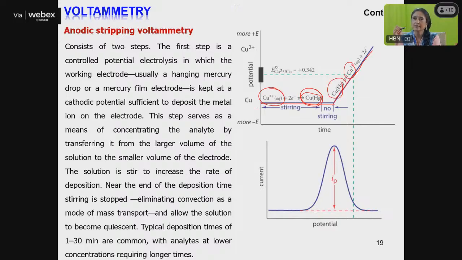Now here we will get some signal, and this signal is because of this. When you are depositing, a typical deposition time of 1 to 30 minutes is common, depending on the analyte concentration. If your concentration is very, very low, then you can allow 30 minutes also, so that you can get better sensitivity to detect your analyte.